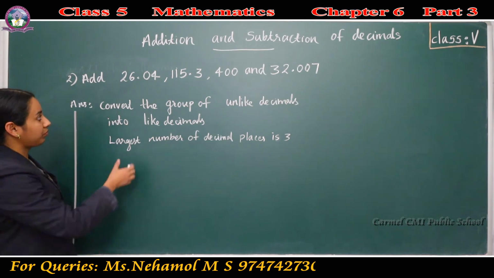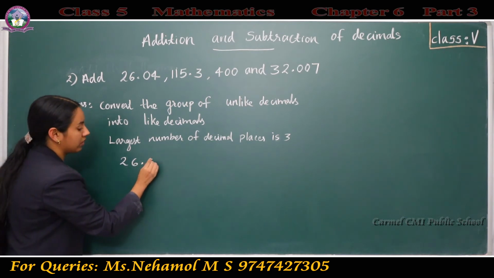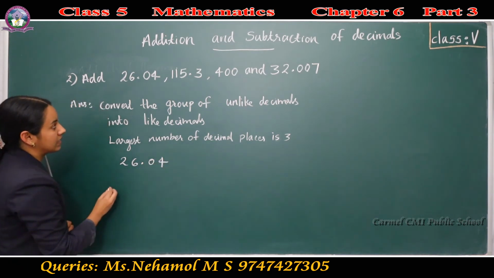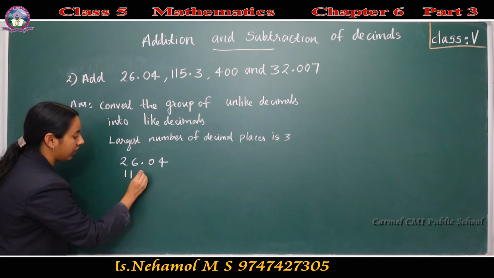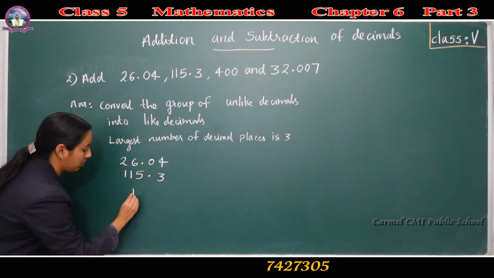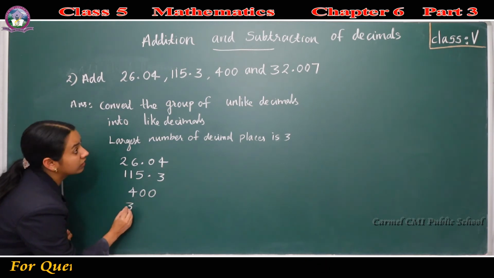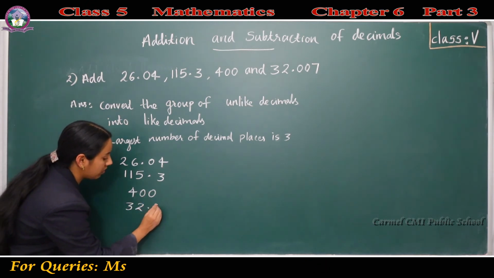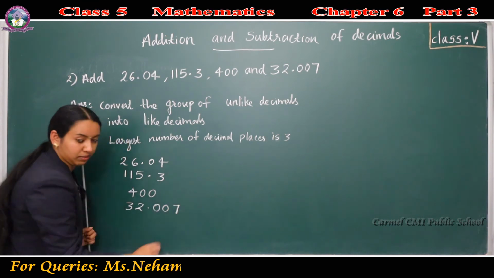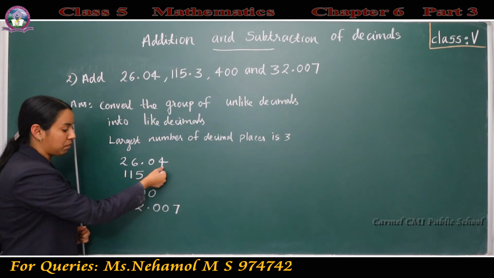Then first number 26.04, second number 115.3, next number 400, last number 32.007. Is it? How many decimal places are here? 2 decimal places.